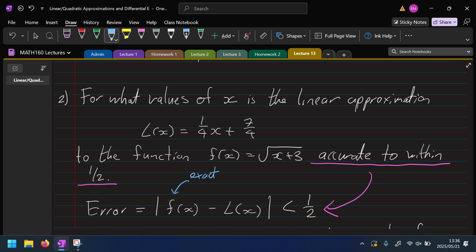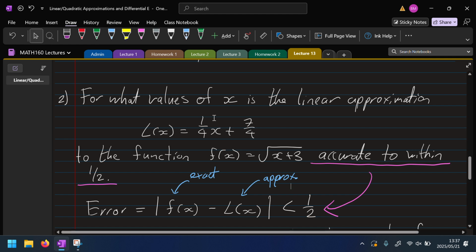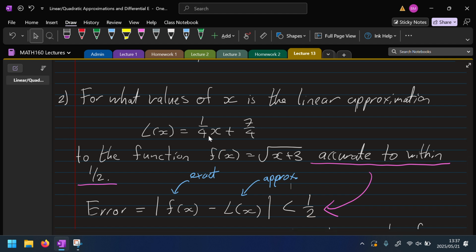If you want the error to be less than something, we always include the absolute value, so we don't worry about positive or negative error. We always put the absolute value, less than whatever that is. Any questions on this?